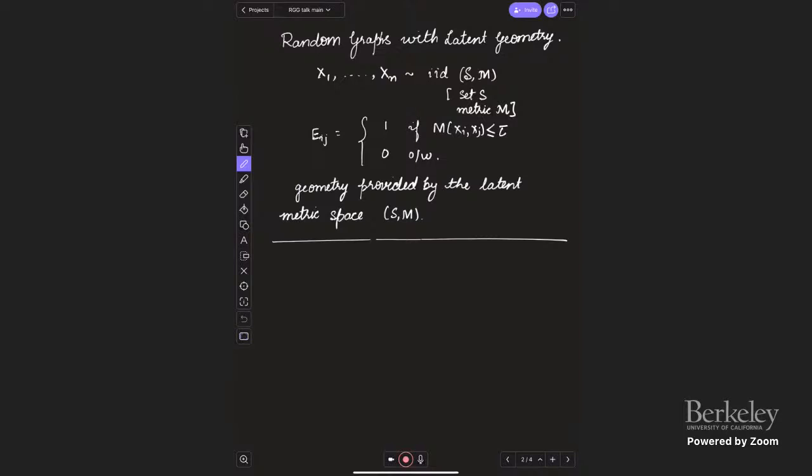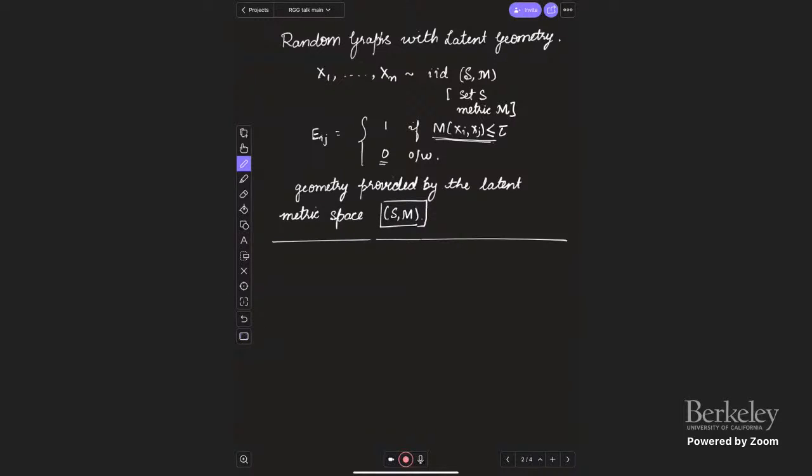We join nodes i and j if the distance between them is less than or equal to tau, some threshold we set so that the edge inclusion probability is p, and 0 otherwise. The geometry here is provided by the latent metric space (S, M).